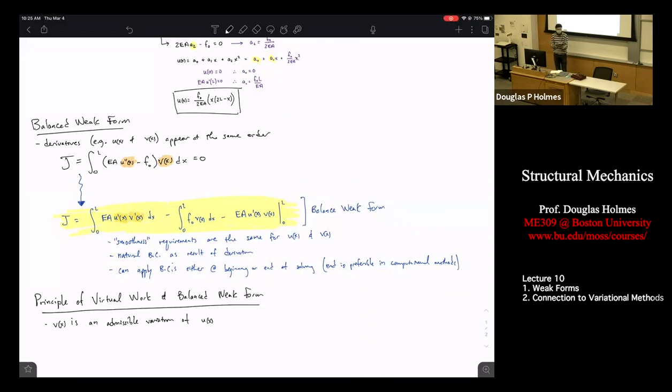So if we take our test function to be an admissible variation of u of x, mathematically that means v of x is an admissible variation. Variation means first variation, delta.